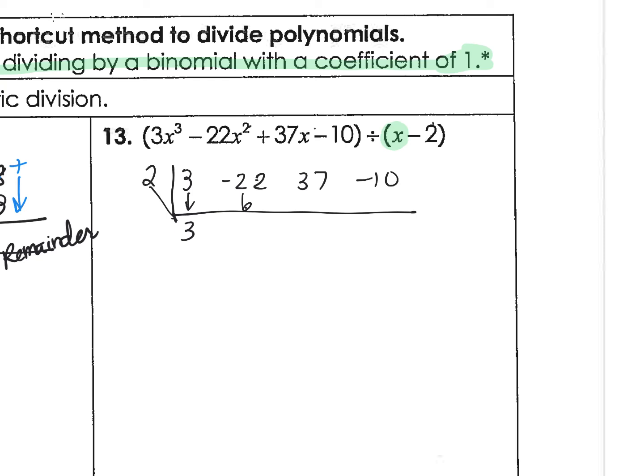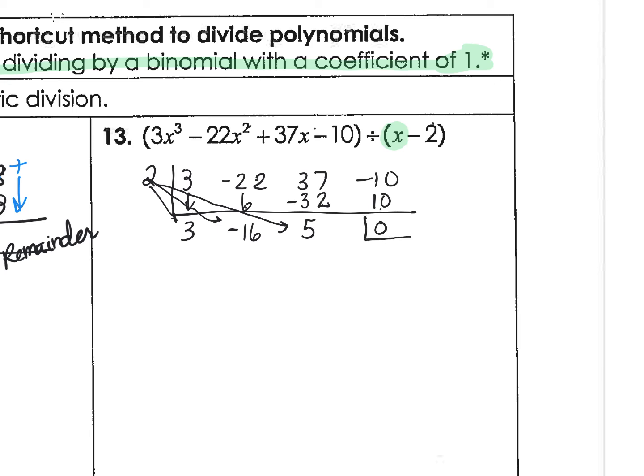Negative 22 plus 6 is negative 16. 2 times negative 16 is negative 32. 37 minus 32 is 5. 2 times 5 is 10. Negative 10 plus 10 is 0.